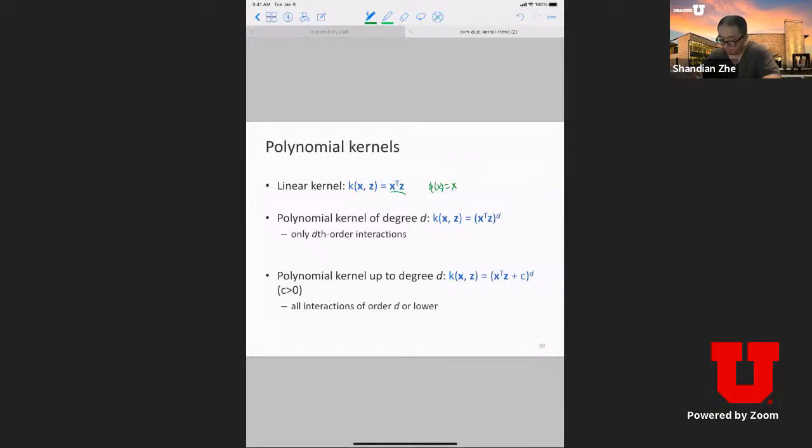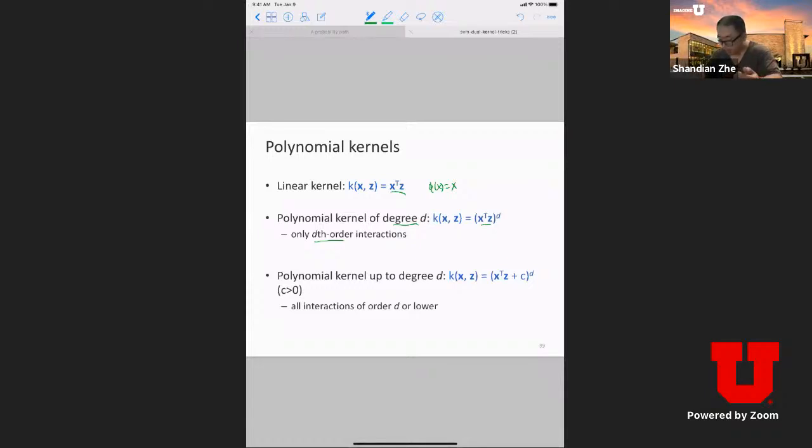And then the polynomial kernel of degree d, where you calculate the inner product between x and z and take the power of d. But here you actually consider only these order-d interactions. So someone asks, okay, I want to consider zero-order terms, one-order terms, two-order terms, up to d-order terms.